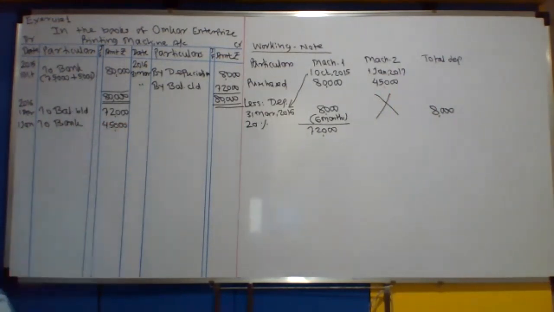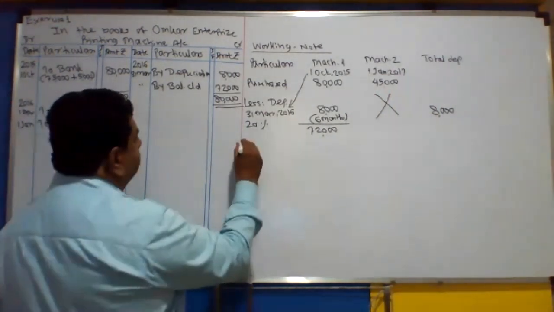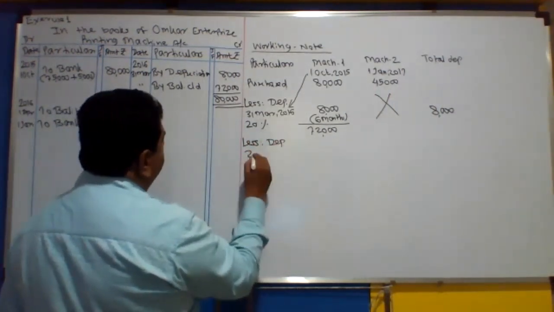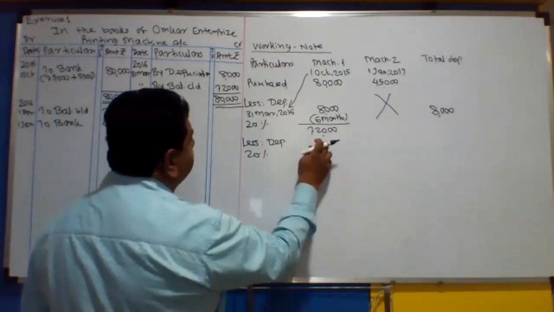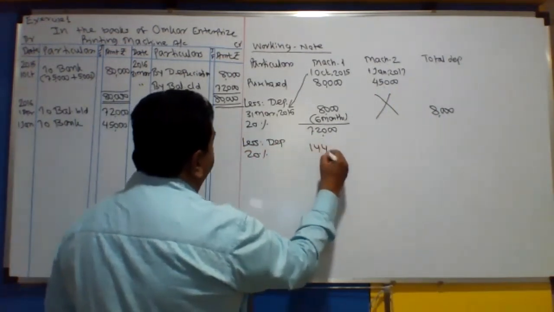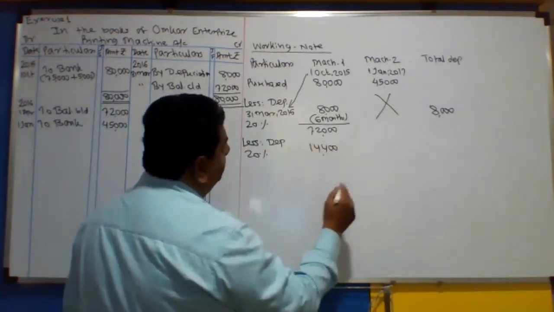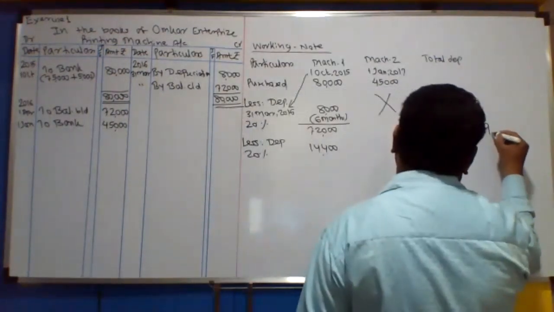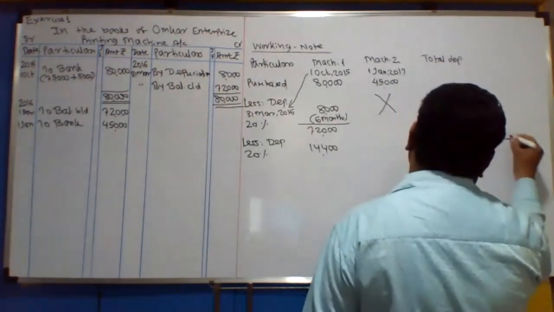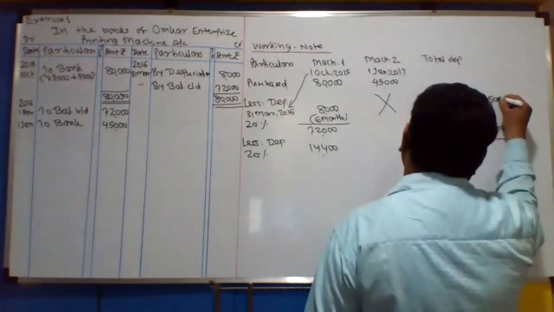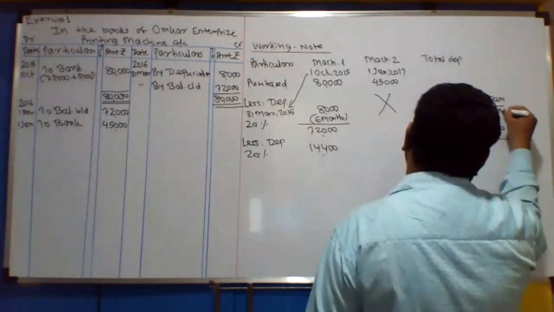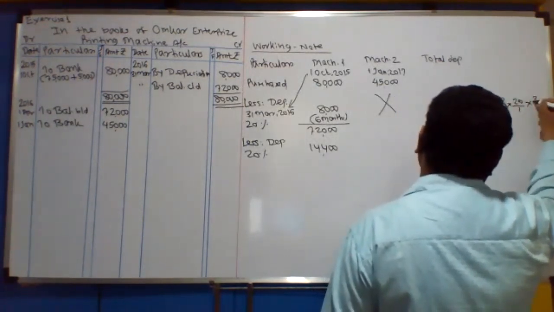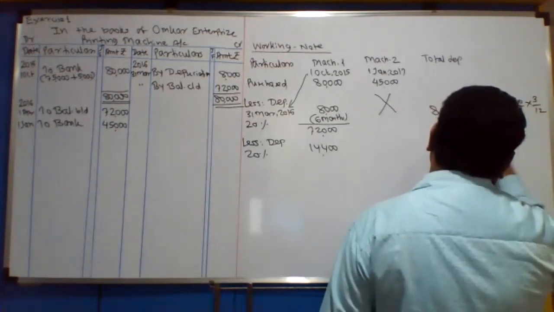45,000 rupees. Now see how to calculate depreciation. Less depreciation: 20% on the balance for the full year, 14,400, and 20% on 45,000 for 3 months. Calculate 20% of 45,000 first or directly, no problem.